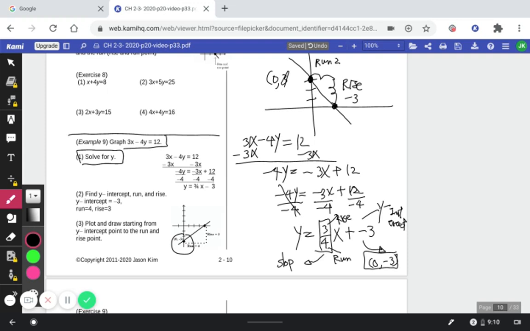So you run 1, 2, 3, 4, and rise 1, 2, 3. And then here is the ending point, and here is the beginning point. And then you connect nice and easy.